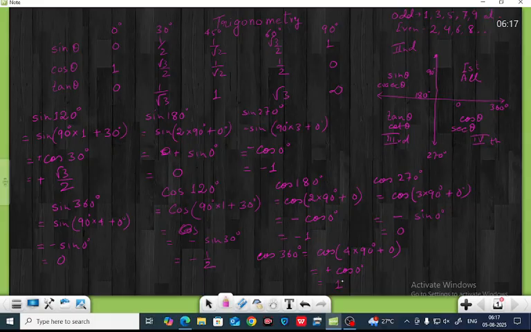And the value of cos 360 degrees is equal to 1.